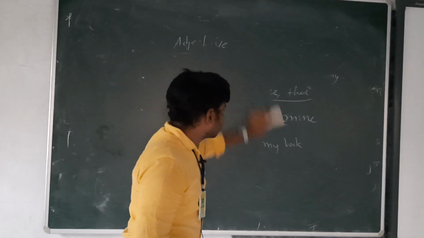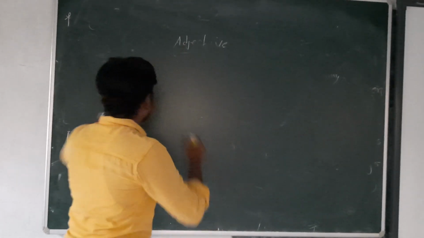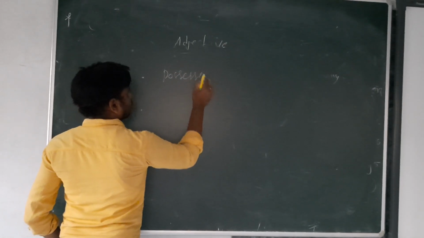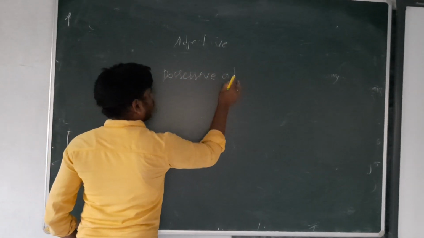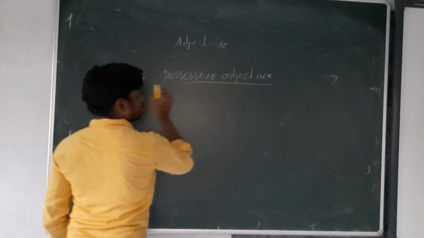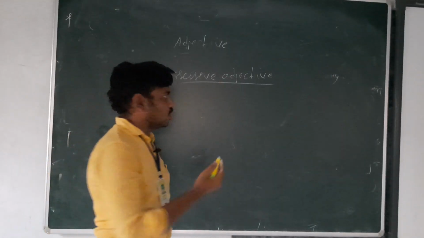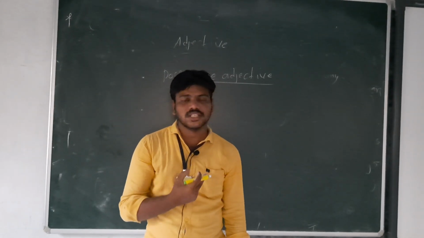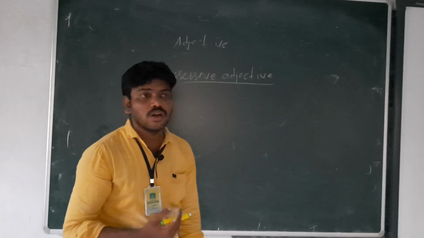Next one, possessive adjective. What do you mean by possessive adjective? State of ownership. What I have, what I possess, that is called state of ownership.